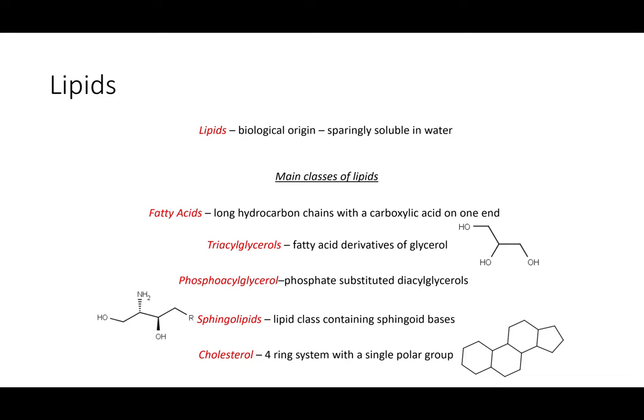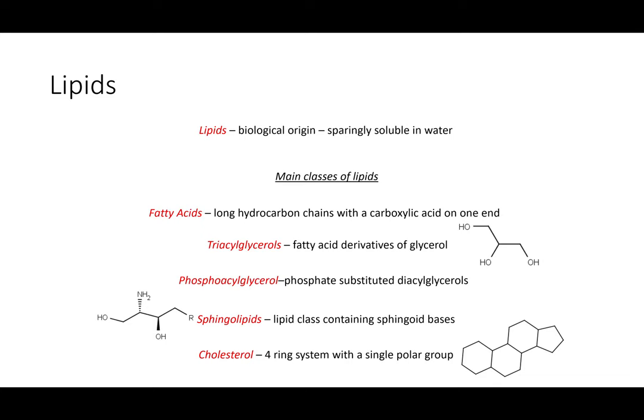On each one of these alcohols, there is a fatty acid attached via an ester linkage. Phosphoglycerols: instead of having 3 fatty acids attached to glycerol, you have 2 attached, and then on one of these ends, you have a phosphate, and then oftentimes another polar head group.